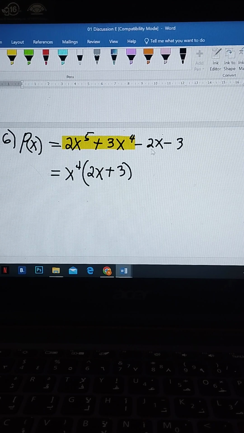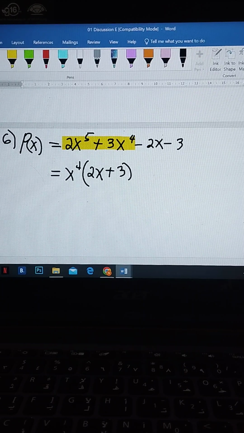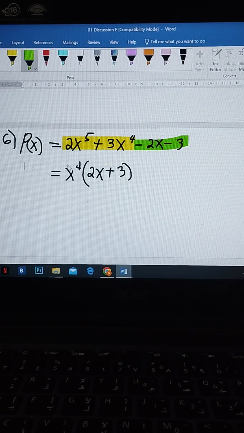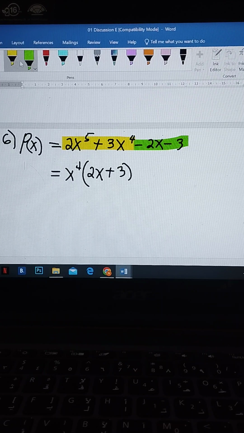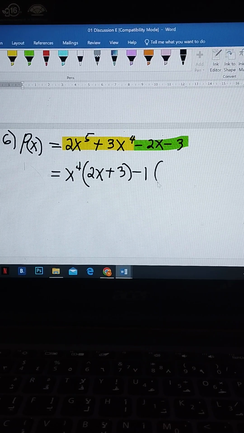Next, we bring out negative 1 from the last two terms. So we bring out negative 1 from negative 2x minus 3. So that is now equal to minus 1 times 2x plus 3.